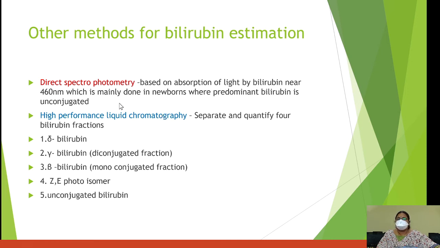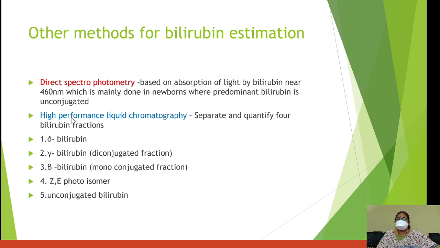It is similar to the method which I described for BUBC microslides, but there reflectance photometry is used. Here a direct spectrophotometric method to measure the absorbance of light at 460 nanometer is used, and this method is mainly done to estimate the bilirubin in newborns where the bilirubin is predominantly unconjugated.